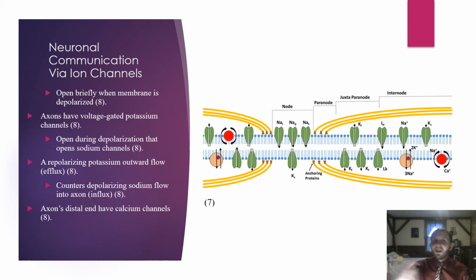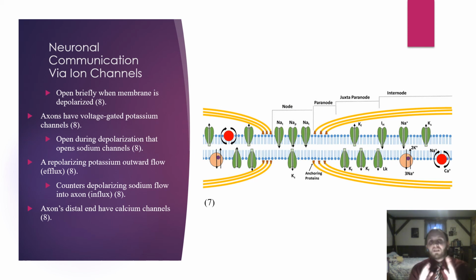So at the distal end of the axon, which we're going to see soon, are voltage-gated calcium channels. When the wave of depolarization and repolarization caused by the activity of the sodium and potassium channels arrives, these channels trigger release of the neurotransmitter acetylcholine, which carries the signal to another neuron, like firing an action potential, or to a muscle fiber.